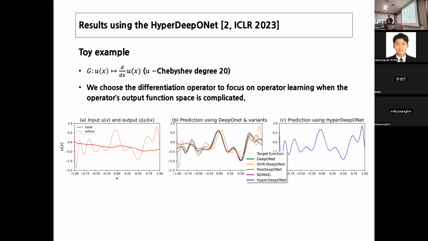But we can also calculate the relative error for each model to approximate this task, and our model has a smaller relative error than other models. But in this presentation, I just put the graph to show the effectiveness.